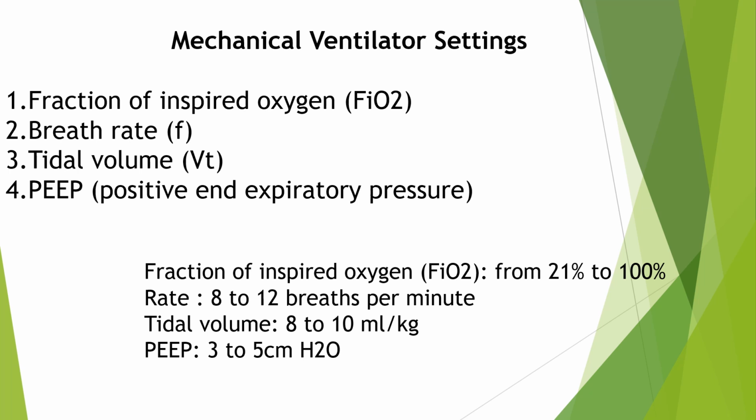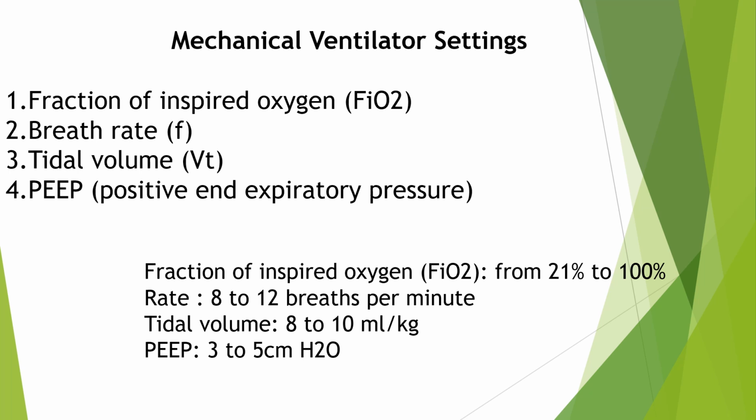Hope you understood these 4 main settings which a nurse needs to consider. One is fraction of inspired oxygen, that is FiO2. It should be kept from 21% to 100%. Always try to reduce it from 100% when the patient improves. The rate is 8 to 12 breaths per minute, and the rate also should be reduced. The tidal volume is 8 to 10 ml per kg, based on the patient's weight.